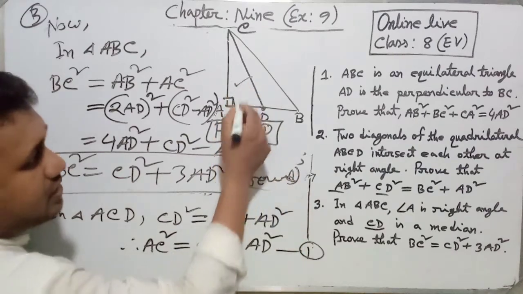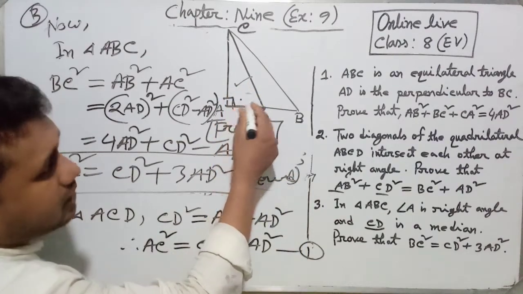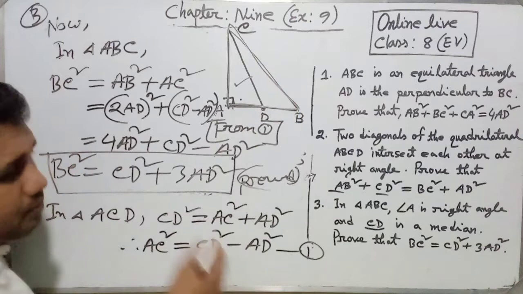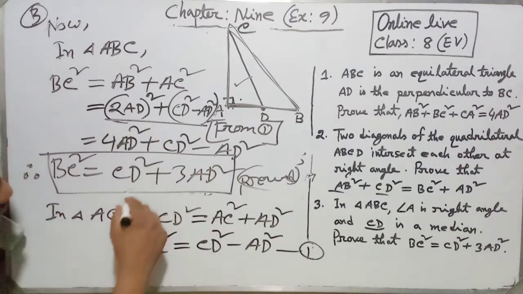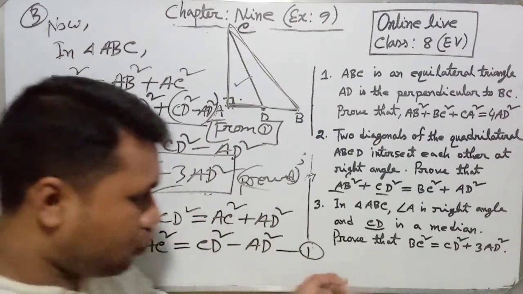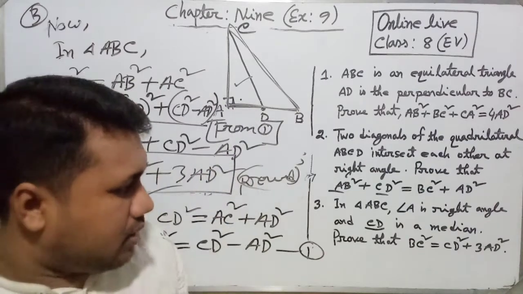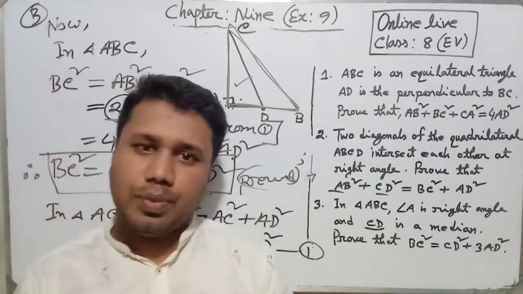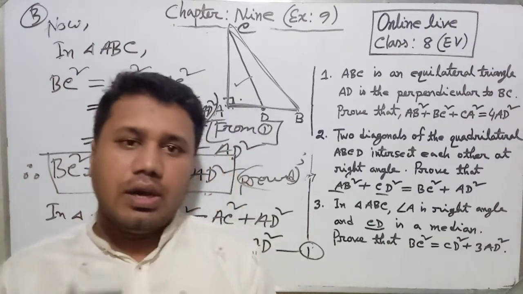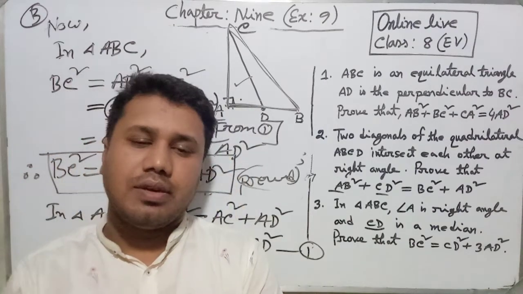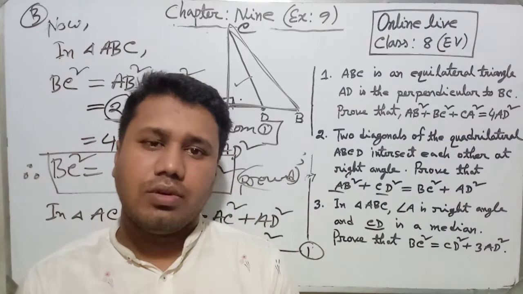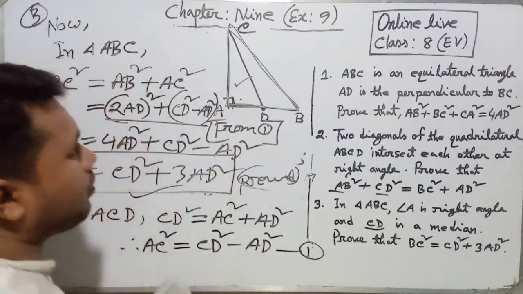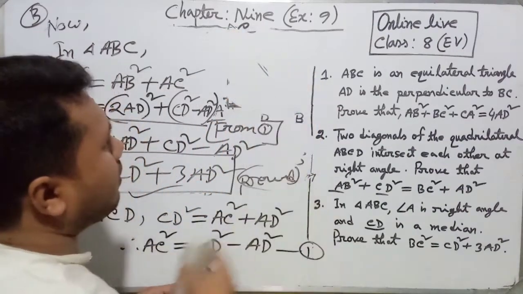Very simple. At first take triangle ACD, then go to the triangle ABC and input the value, then you will get the answer. So we can say this is our proof part. Clear dear students? Very simple. Now your homework, you have to revise Pythagoras theorem.